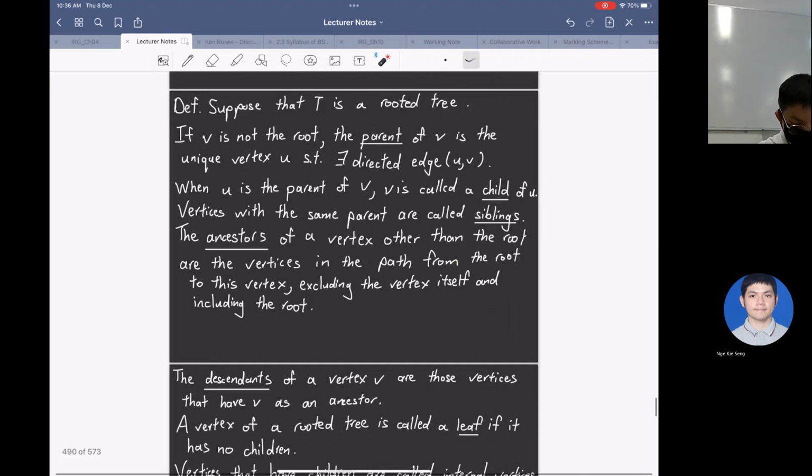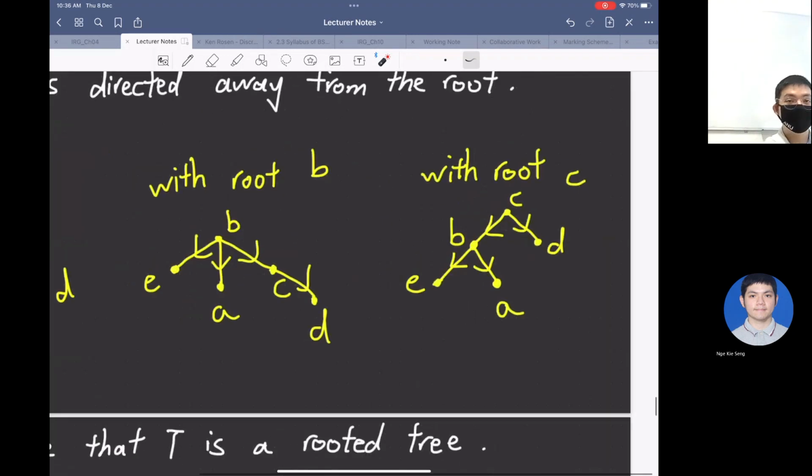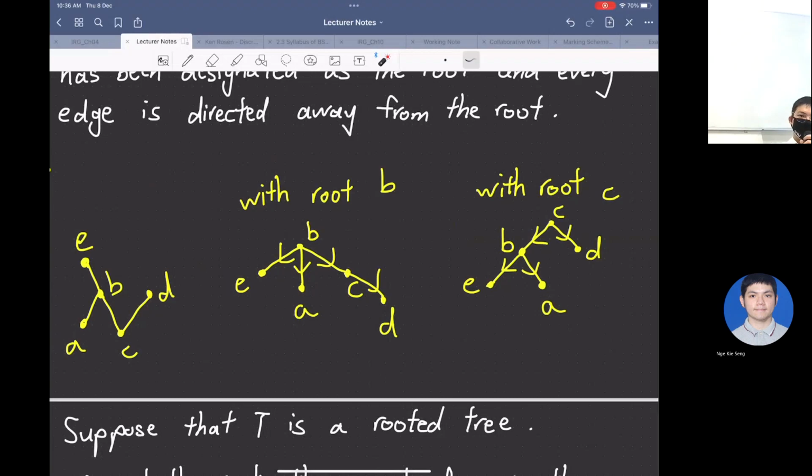Okay, the next one is leaf. A leaf means you have no child. So who has no child? The outermost vertices. They have no child, so we call them leaves. And if you have a child, we call you an internal vertex.